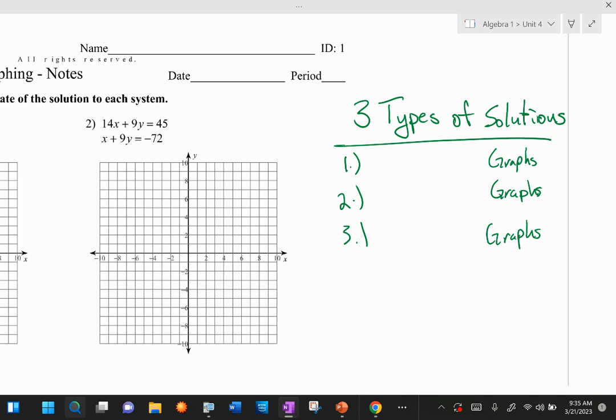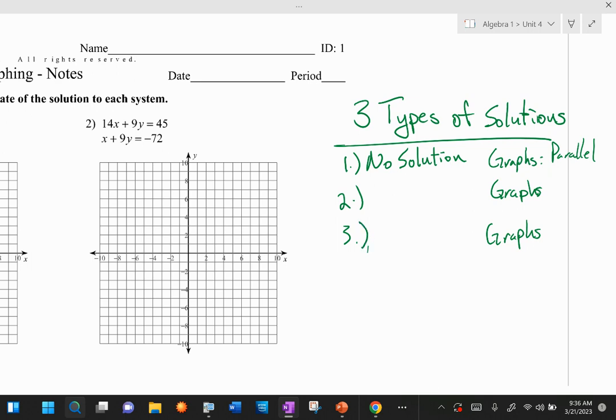Who thinks they've got one of the solutions? Yep. No solution. If you didn't have that, you should mark it down. If you did have it, just put a little check next to it. The graph looks like parallel lines. Perfect. Good job, Ollie.